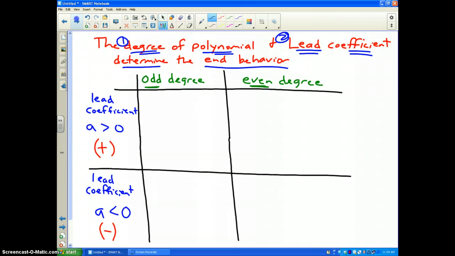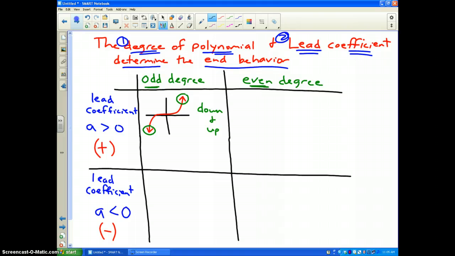Now, how does this work? Well, let's talk about the situation where your lead coefficient is positive and it's an odd degree. Your graph will look something like this, which its behavior is down and up, because it starts down and it finishes up.